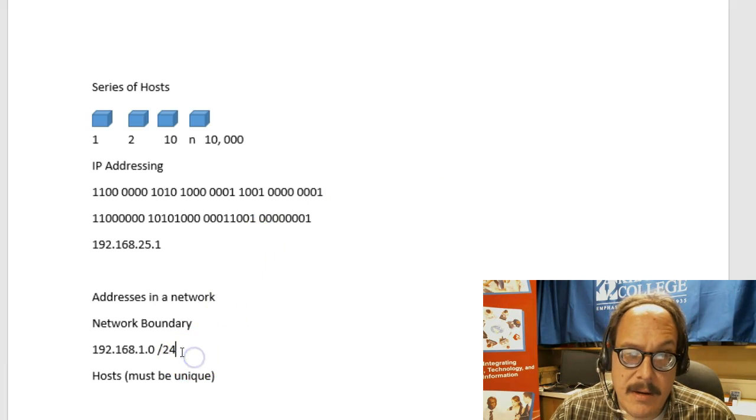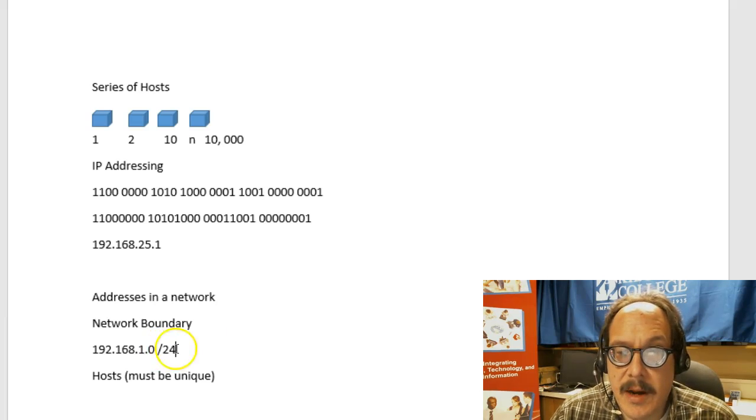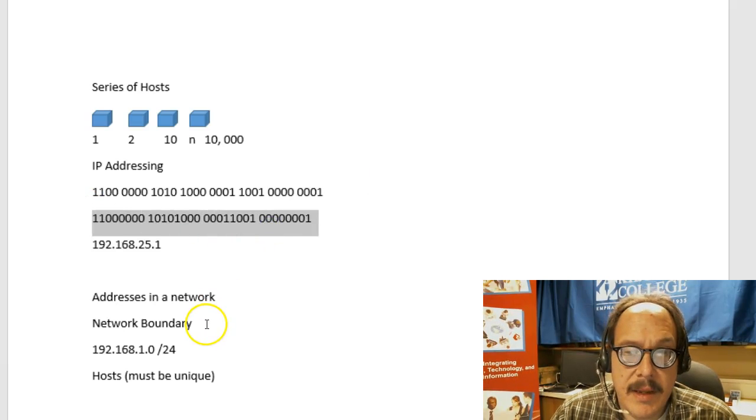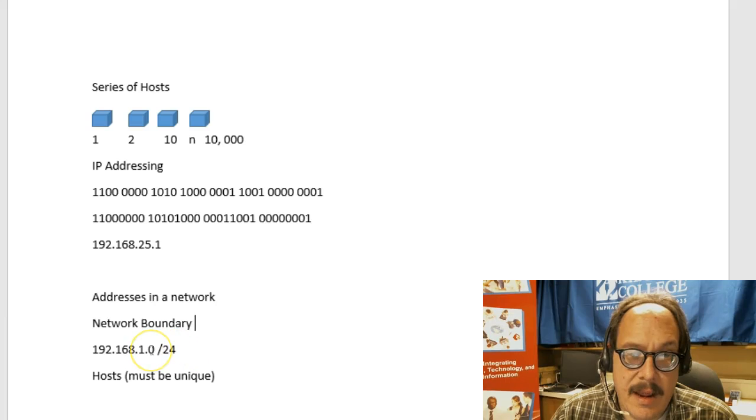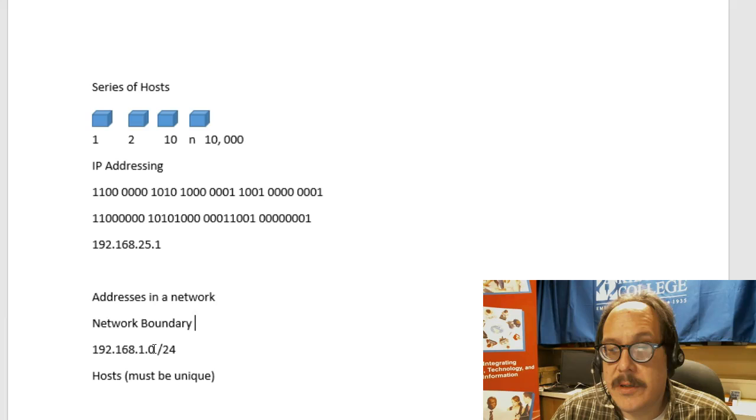When we take that notation, the /24, and subtract it from the 32 bits that make up the IP address, what we get is 8. So the last 8 bits are reserved for hosts.